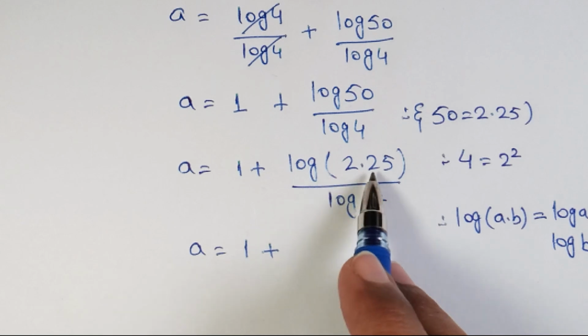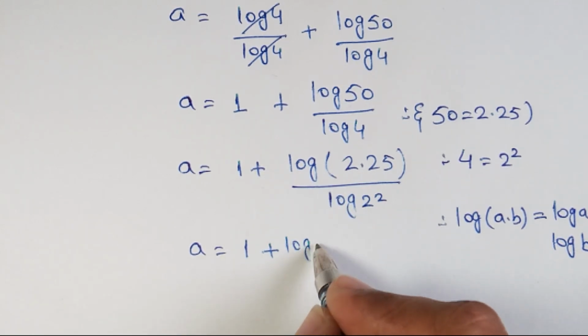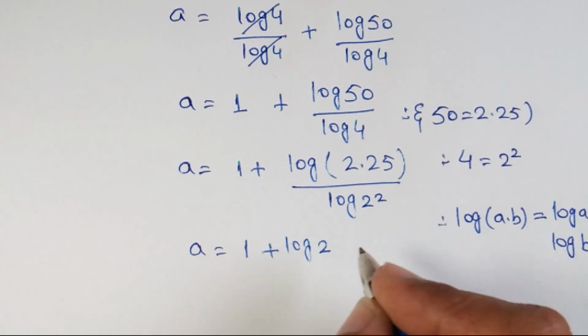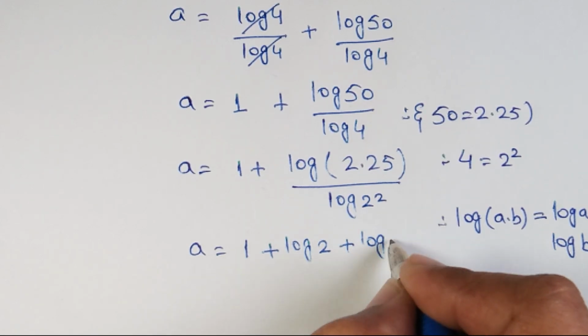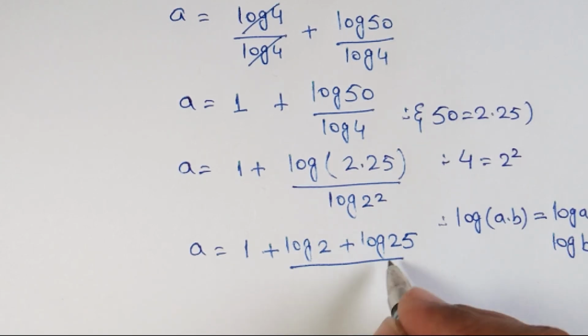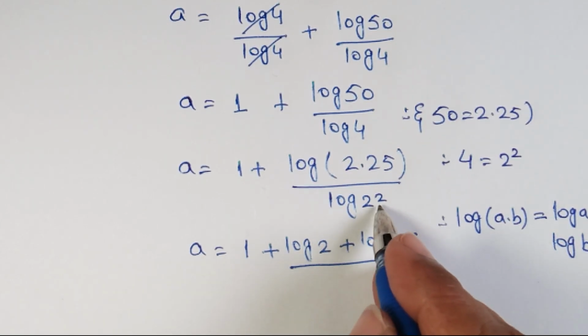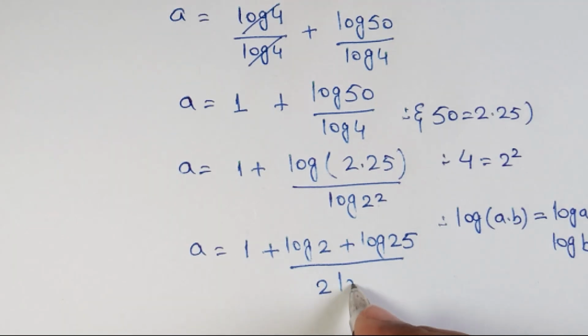So we will apply this on this part, and we have log of 2 plus log of 25, all divided by, this power of 2 will move as a base, so 2 log of 2.